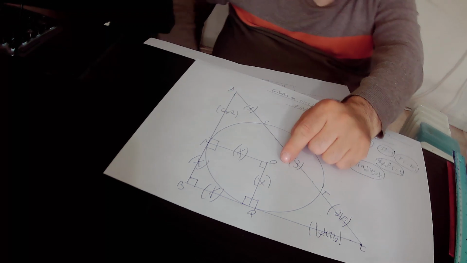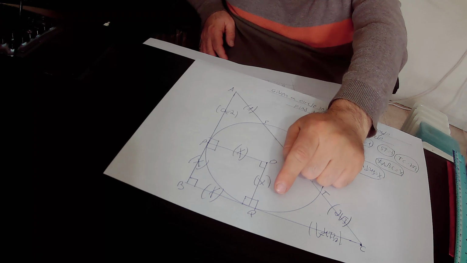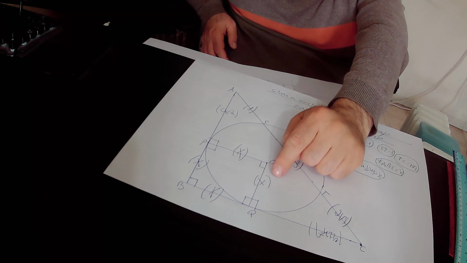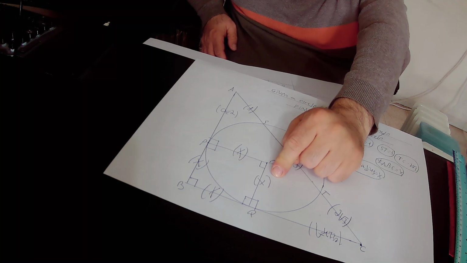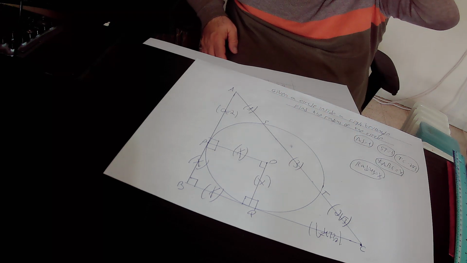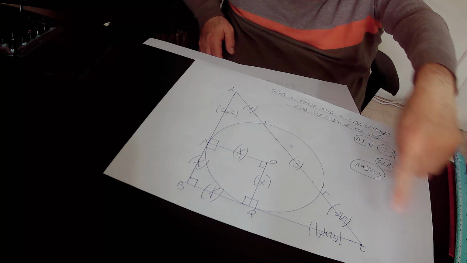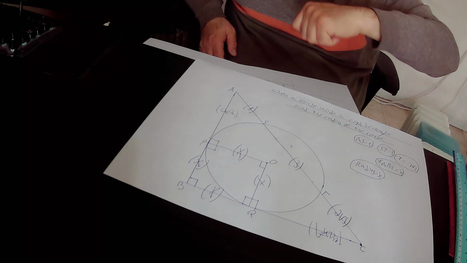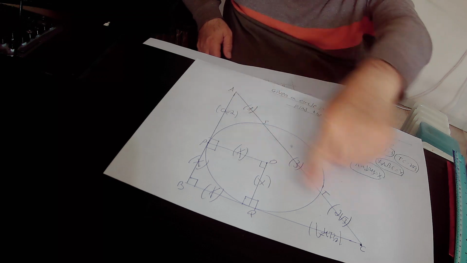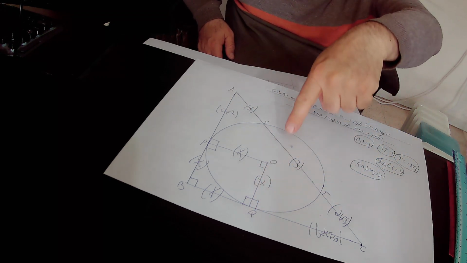Point O is the center of the circle, point Q is a point on the circle itself, therefore OQ is the radius of the circle that is equal to x. We have the radius OQ drawn to point Q, that is the point of tangency of tangent BC with this circle. And whenever you have a radius drawn to the point of tangency, then tangent BC will be perpendicular to the radius QO.